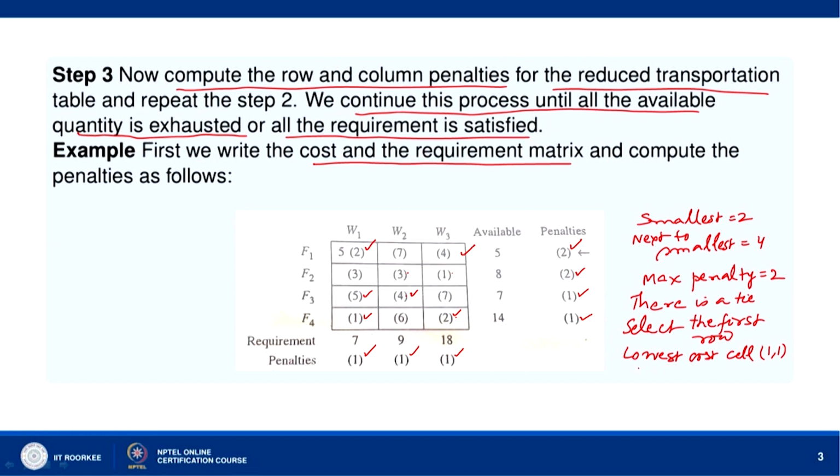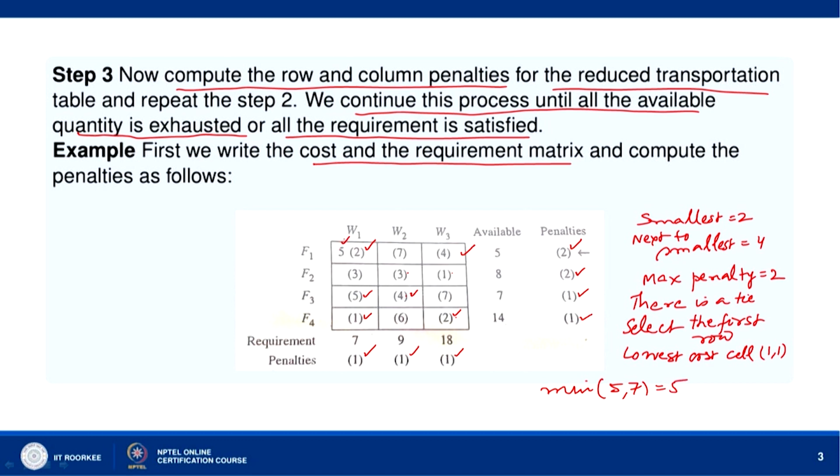And the lowest cost is 2. So, to this cell which has got the lowest cost, we give the maximum possible amount. Now, with F1 5 units are available and the requirement of W1 is 7. So, we can allocate minimum of 5 and 7, that is 5. Okay. So, allocate 5 here, to this cell.